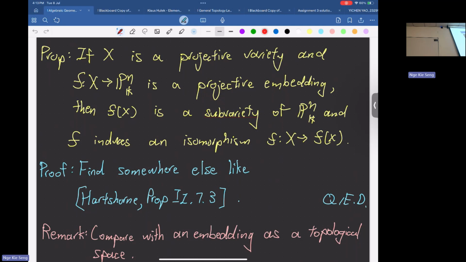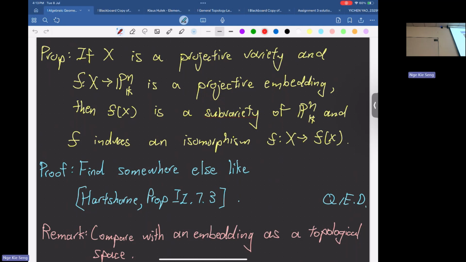But the injective tangent map result has a similar idea to an embedding of topological spaces. And when we force the tangent space to inject into the tangent space of the whole space, then actually you are inducing an isomorphism.